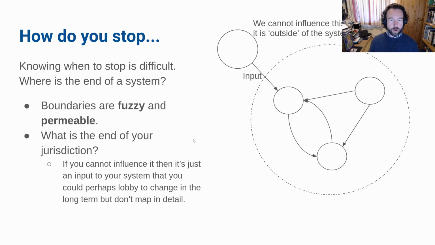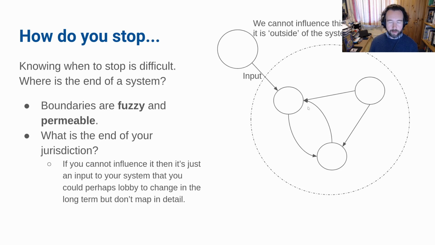How do you stop? This is a bit of a tricky question because, like we already said, systems tend to be open. They have a boundary, but it's very fuzzy. It's a permeable boundary, and it might be drawn for purely pragmatic or even political reasons. It might be the edge of your jurisdiction, for example. If you can't influence it directly, it might be worth putting it as an input into your system.